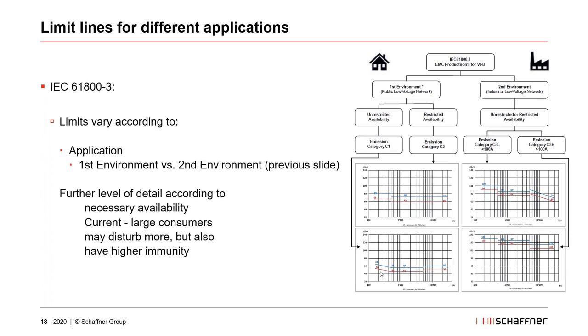In residential surroundings, you might see 40 or 45 dB microvolt as the limit for average measurement, and in C3H you have above 100 dB microvolt on the average measurement. This is quite a high differentiation between both. As I said already, for industry it's powerful machines, and these powerful machines cause even more disturbances. This is why category C3H is available for these limits.